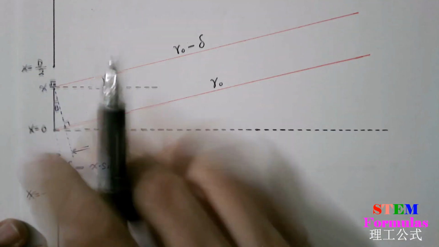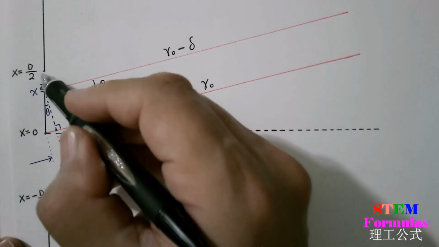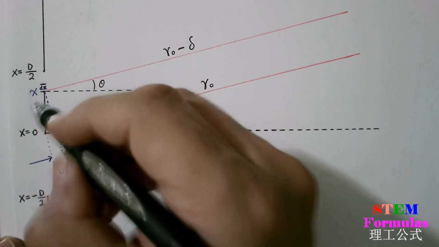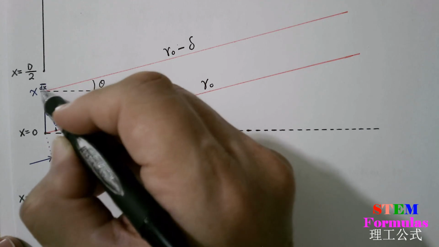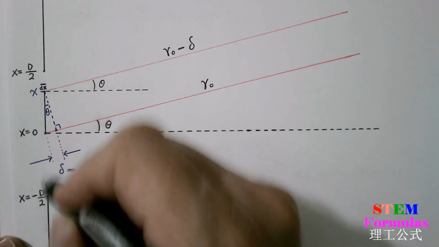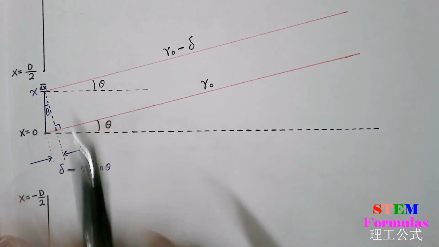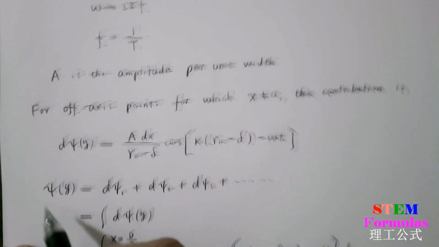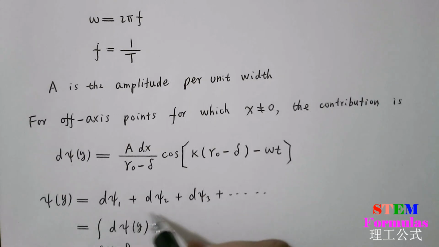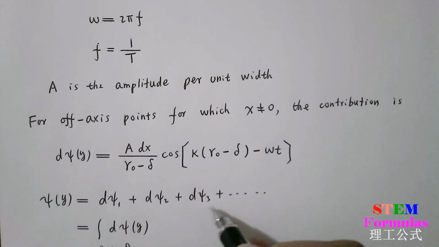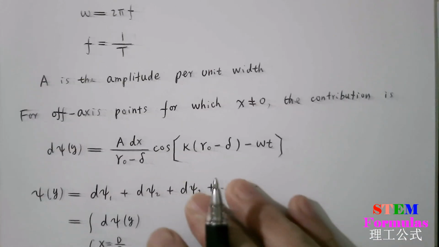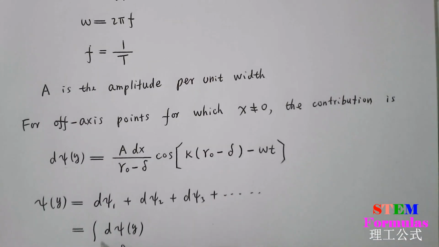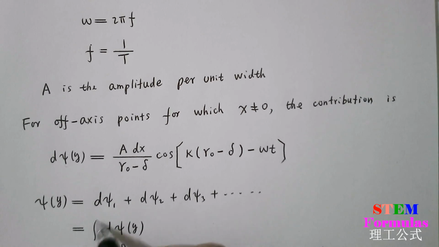As we said, we need to divide the whole width into an infinite number of dx sub-intervals, so we need to integrate all of these. That is, the total amplitude equals d psi 1, plus d psi 2, plus d psi 3, plus all together. But in our case it is continuous, so we use an integral.